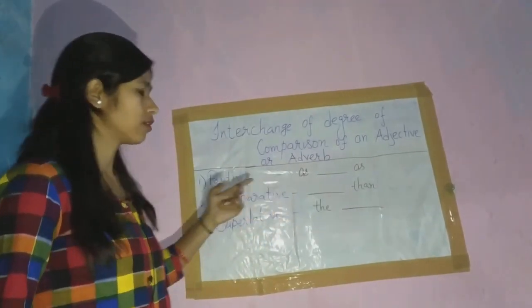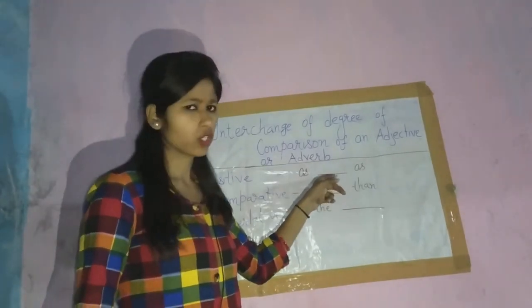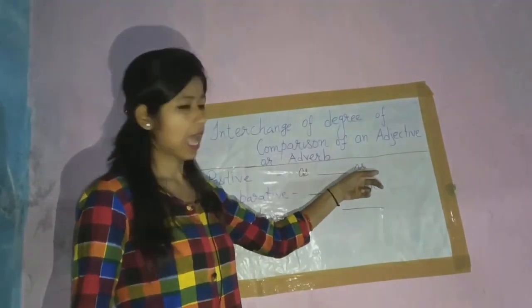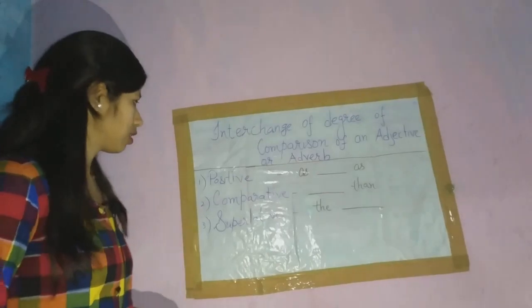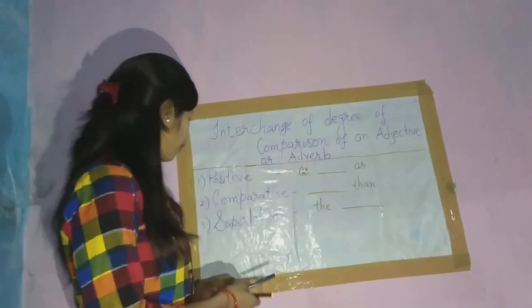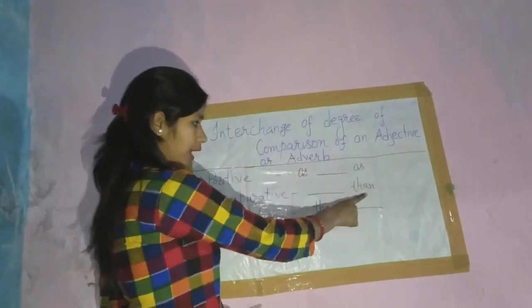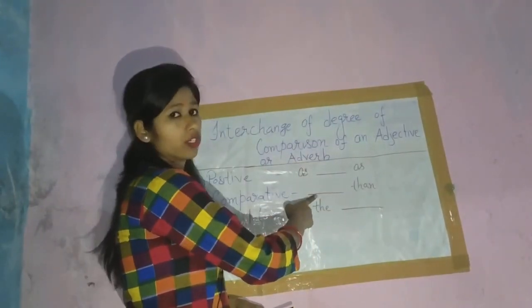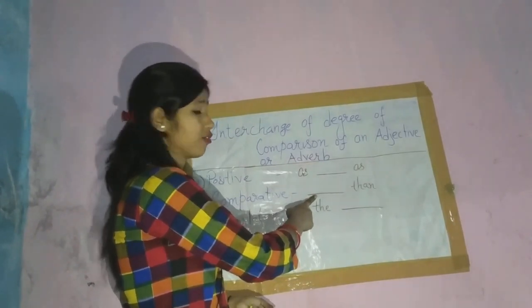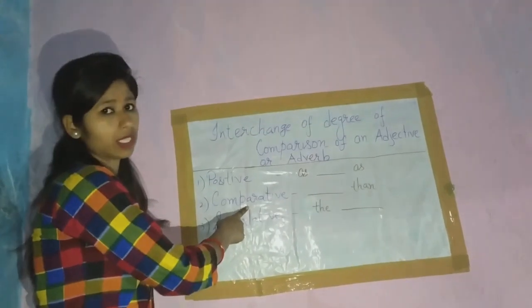When you see that a sentence contains as, then adjective or adverb, then as, it is a positive kind of comparison. When you see in the sentence the use of than after either an adjective or adverb, that will be a comparative type.